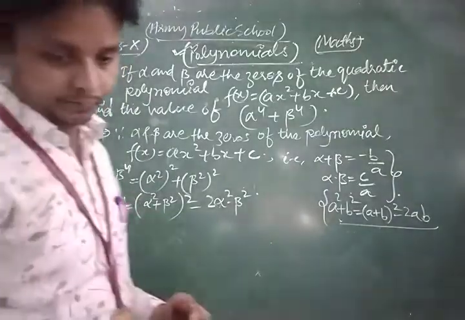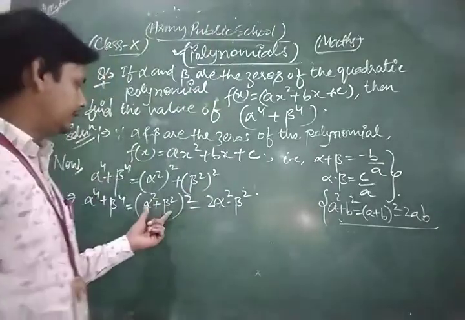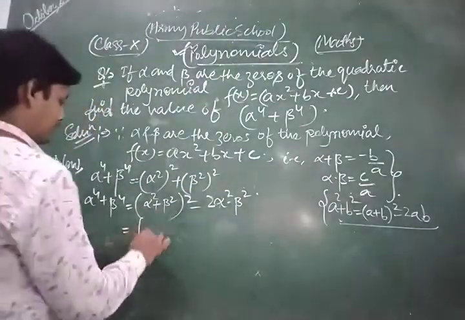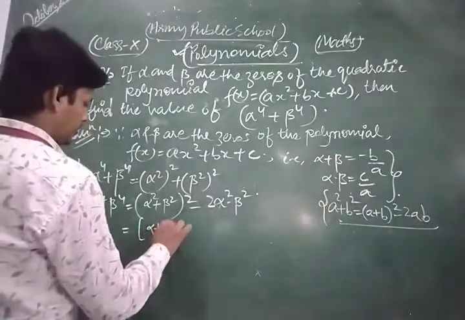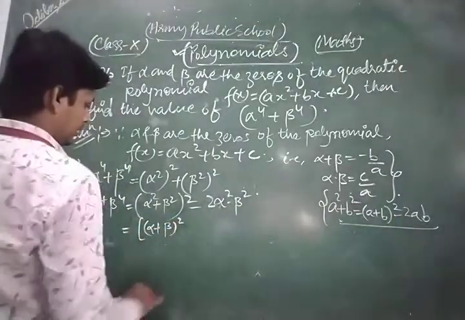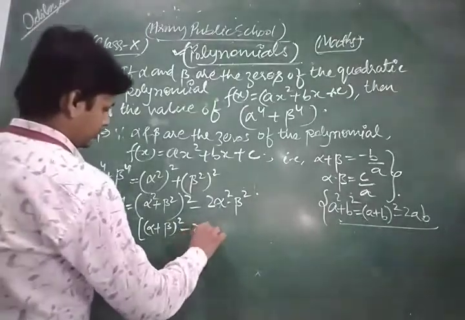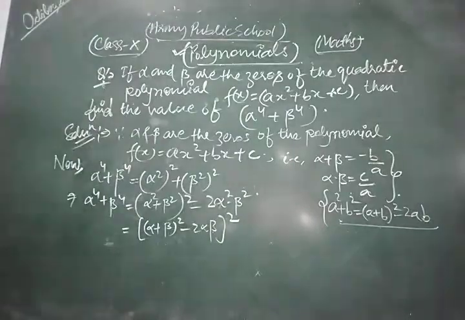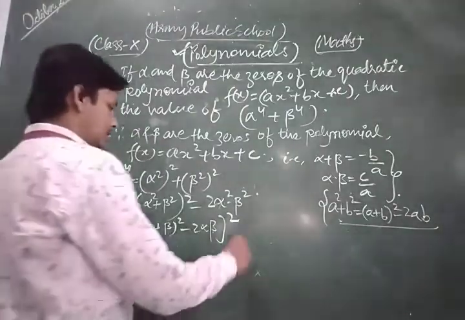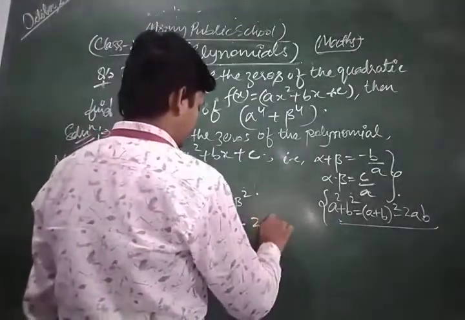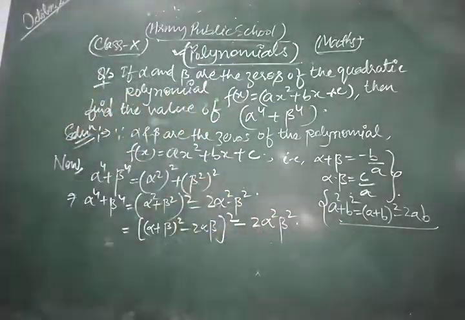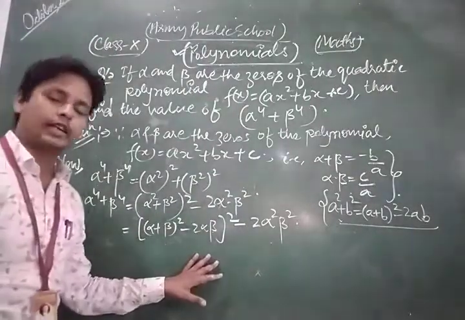Now look again, we split alpha square plus beta square: we can write alpha square plus beta square in the form of alpha plus beta whole square minus 2 alpha into beta, and the whole square as it is, minus 2 alpha square into beta square.